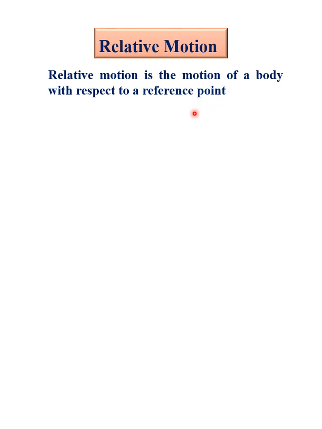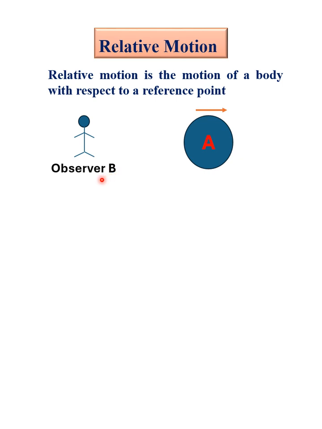We are going to describe different concepts to explain relative motion. The first one is this. If we have an object A moving in this direction and the motion of A is observed by an observer B, then we can describe relative motion as this.